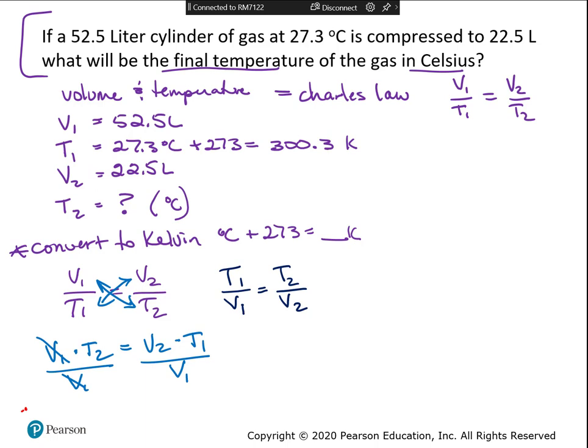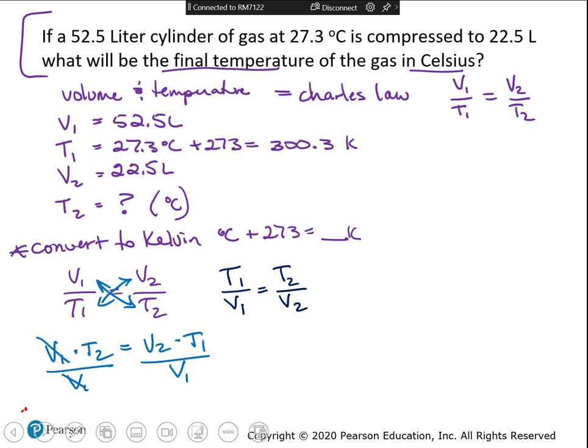So I could just take them and flip them. Whatever's in the denominator goes into the numerator and vice versa, because it's still going to be equal to each other; it's the same proportion. And notice in that one, T2 is now in the numerator where I need it. And now the only thing I need to do is move V2 out of the way.